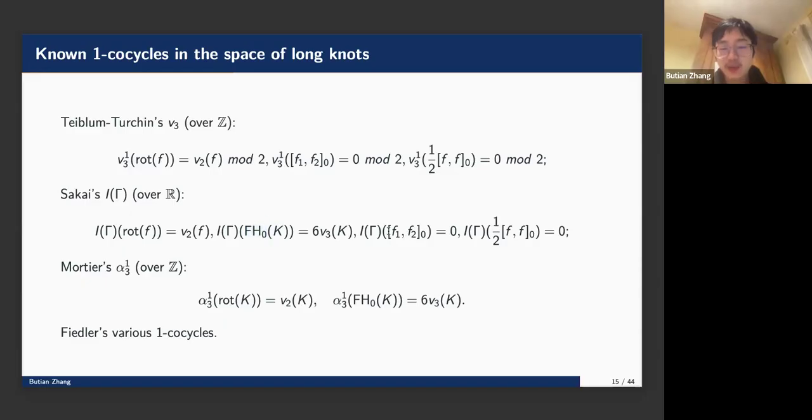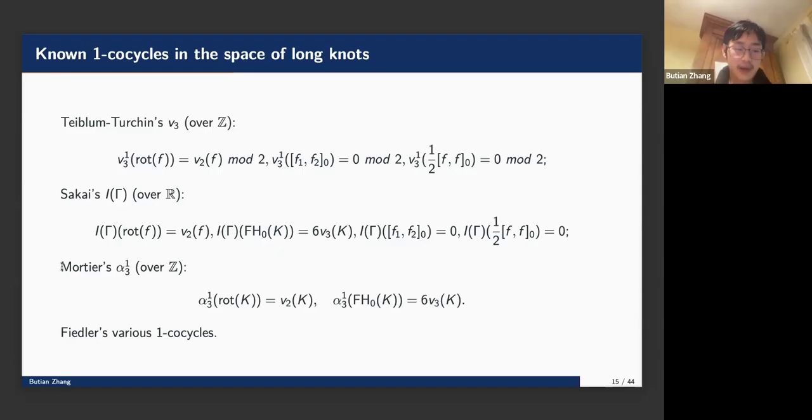And for the bracket loop, F1, F2 bracket 0, the 0 also concerns the framing. It means that we will give both F1 and F2 zero framings when we are doing the push arc or the whole bracket loop.